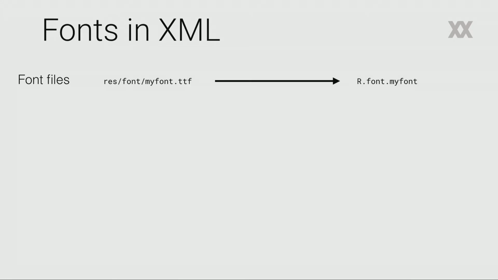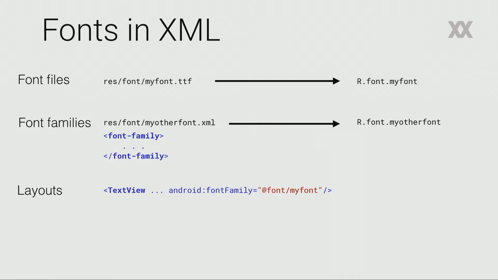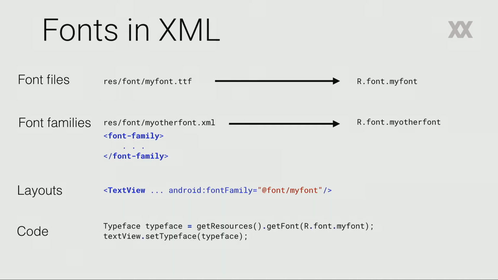Yay, indeed. So put that in the directory, or you can tell us about the font family, so you can provide several fonts with information about the styles of each, and then you can just use those directly as you could any other resource. And from code, you just say, give me that resource, and away you go.